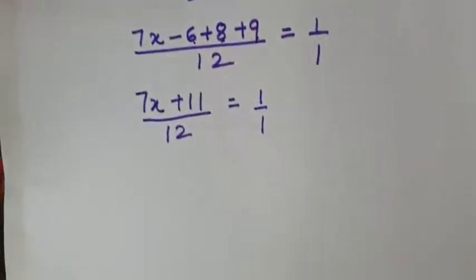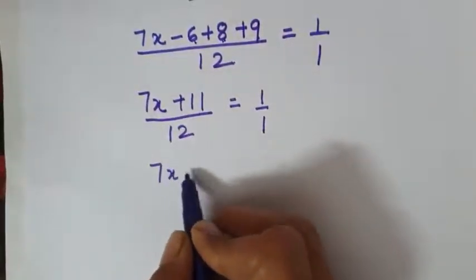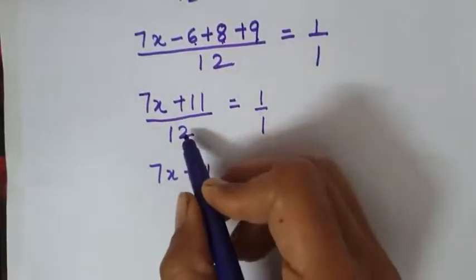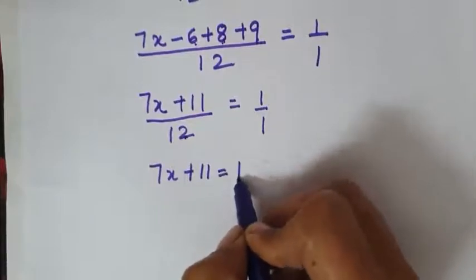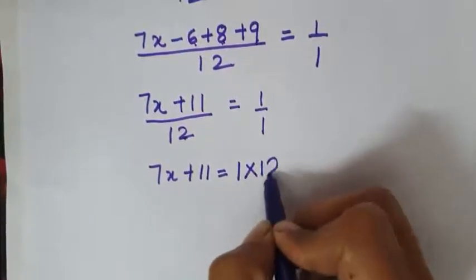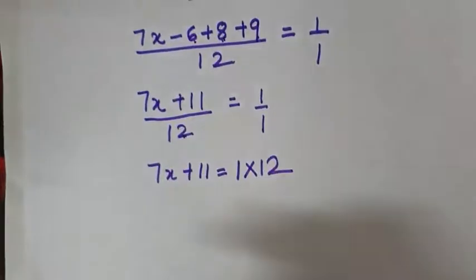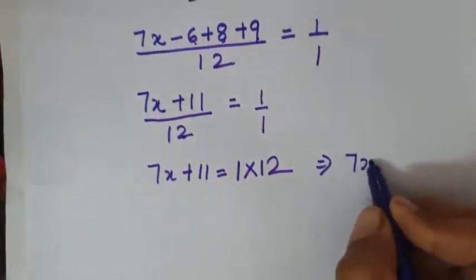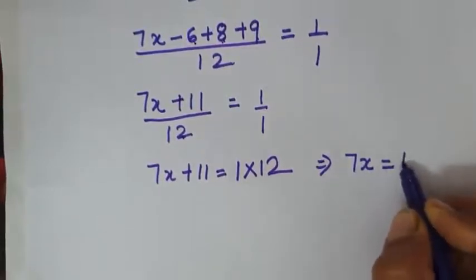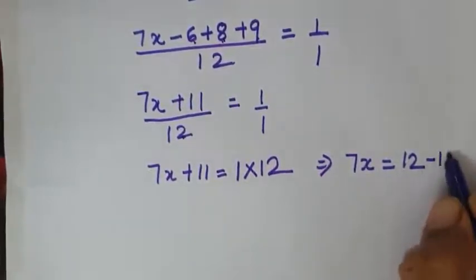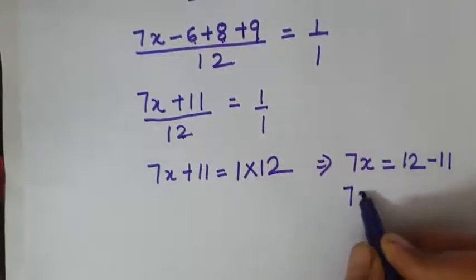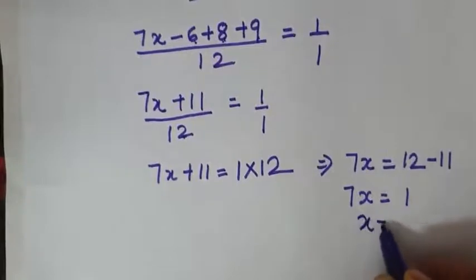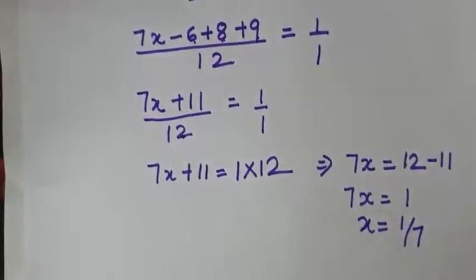Now 12 is getting divided here, so it will shift and get multiplied. So we get 7x is equals to 12 minus 11. That is 7x is equals to 1. So x will be 1 upon 7.